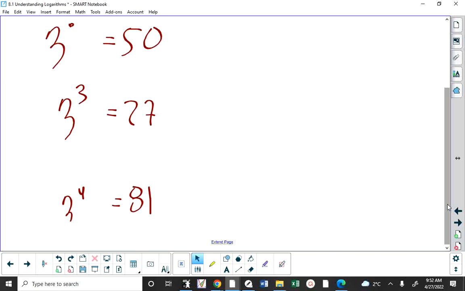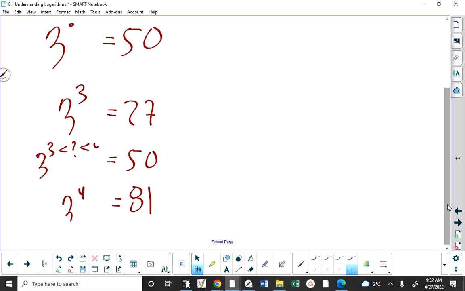If I want to get 50, then all I can say is I need to raise 3 to a number that's between 3 and 4. That's all we can say. That this logarithm is something between 3 and 4.